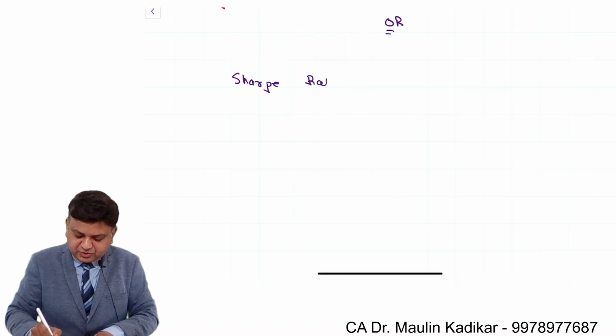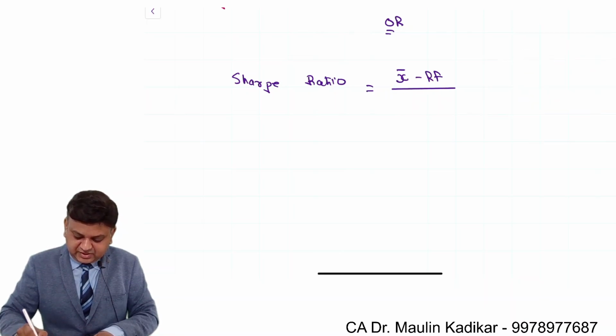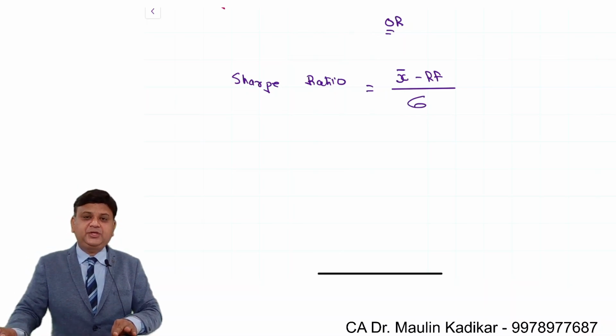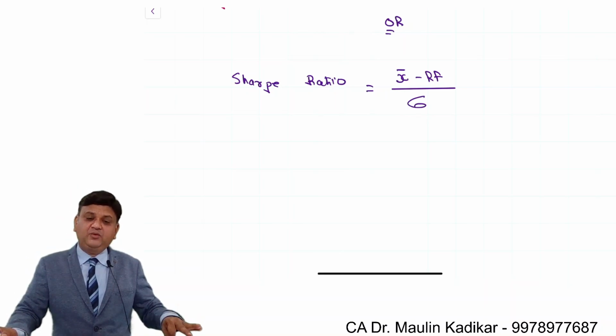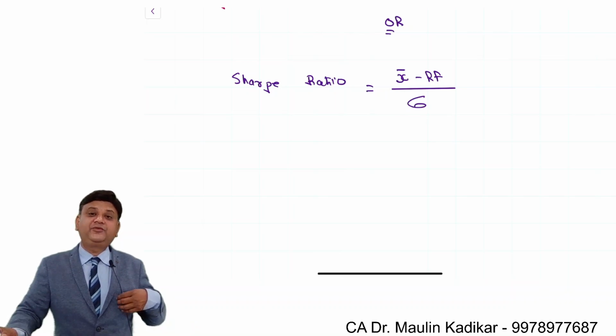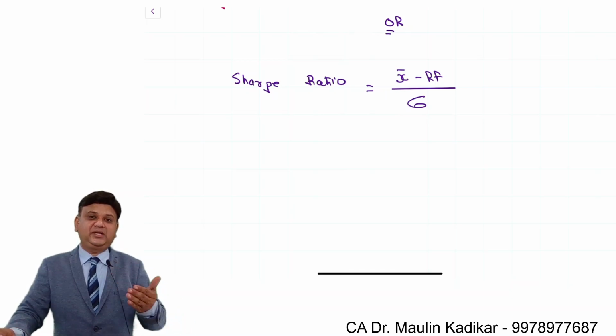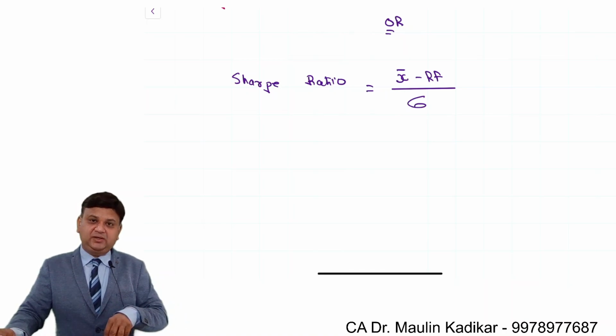As far as the Sharpe ratio is concerned, it indicates the additional return for every 1 unit of additional risk. That is what we understand as the Sharpe ratio. Exactly the way we compute the Sharpe ratio, we are going to calculate Treynor's ratio to identify which of these two securities is better to be combined with risk-free security.